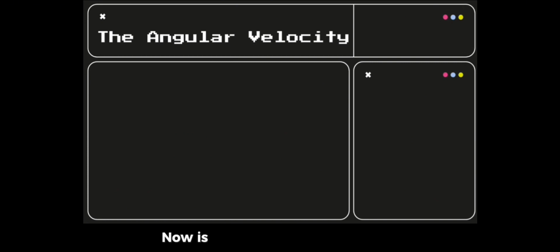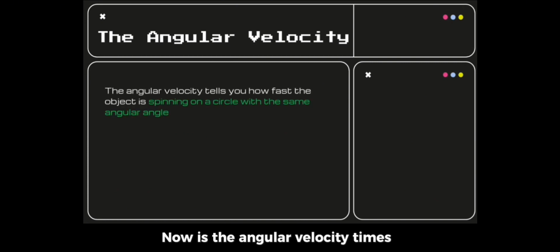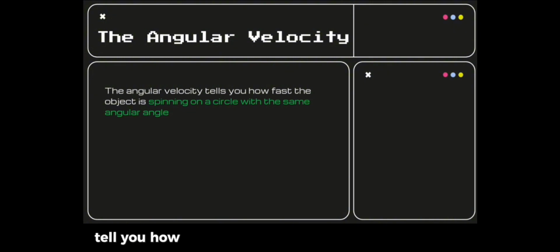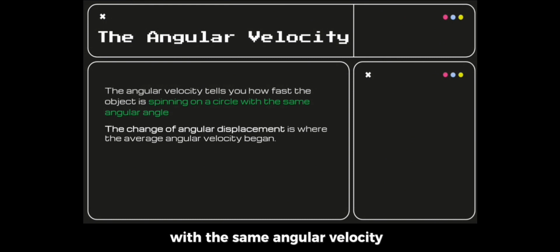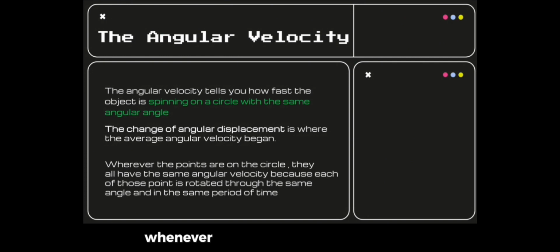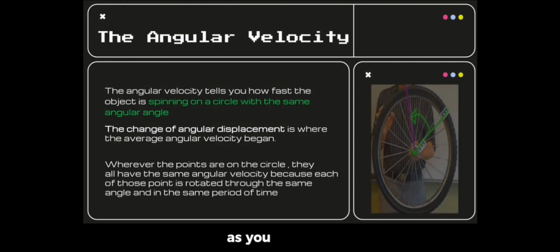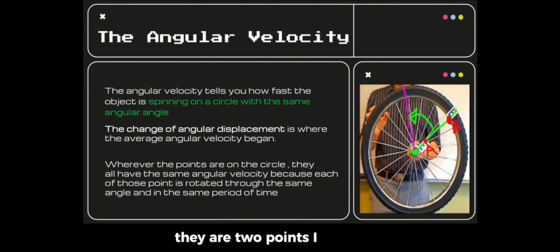Next is the angular velocity. The angular velocity tells you how fast the object is spinning on the circle. The change of angular displacement is where the average angular velocity begins. As you can see in the picture, there are 2 points on the circles.